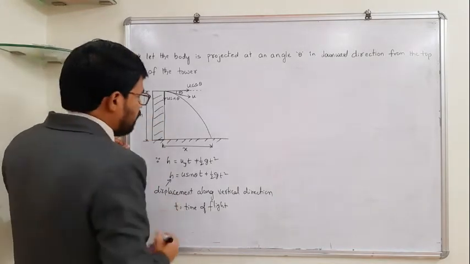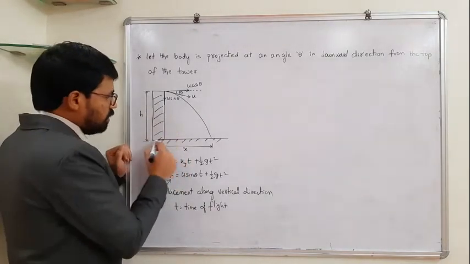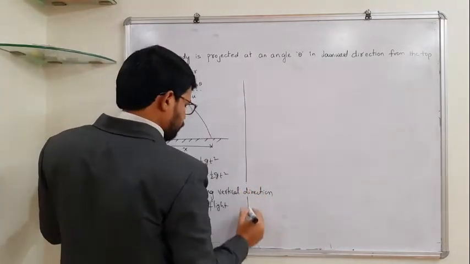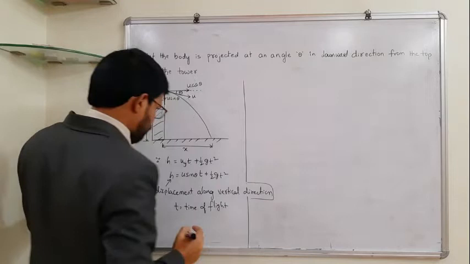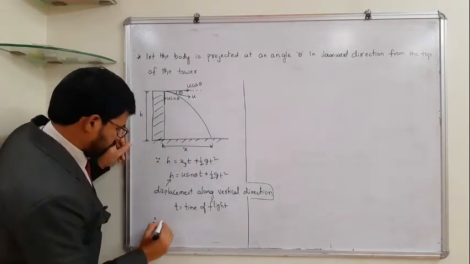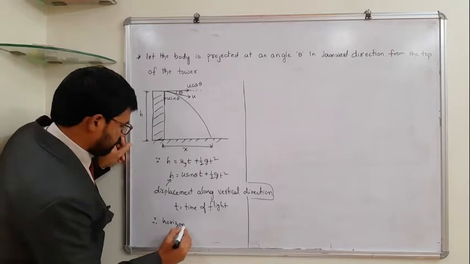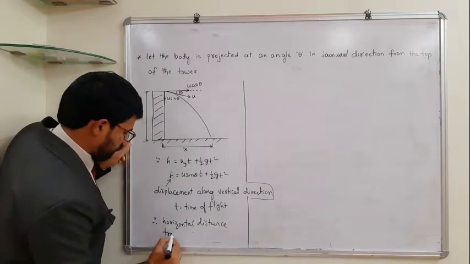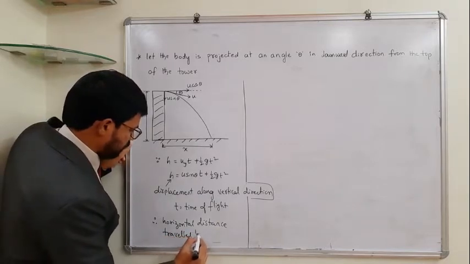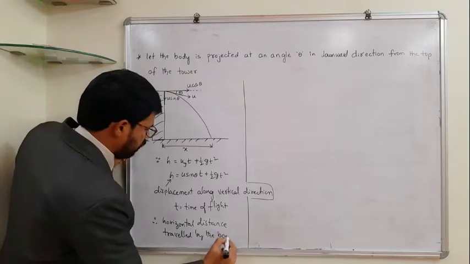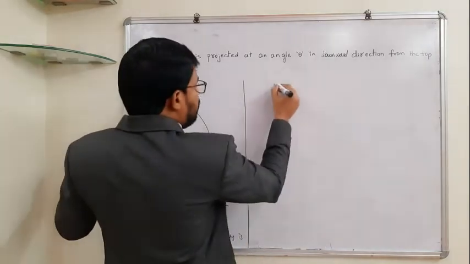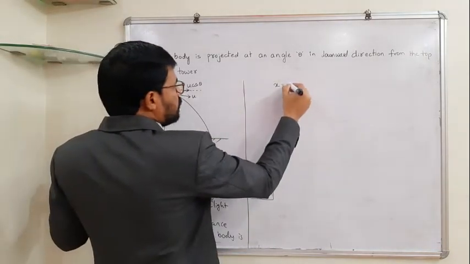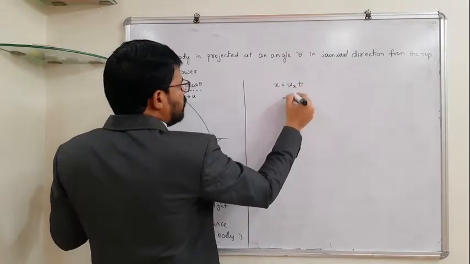If the time of flight is t, then can't you find x during this time of flight, in the horizontal direction, how much distance it is traveling? Therefore, the horizontal distance traveled by the body is x equal to the horizontal component of velocity, how much is that? ux, times the time of flight. ux is u cos theta.